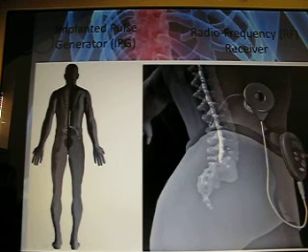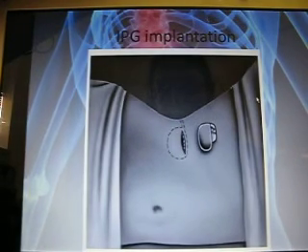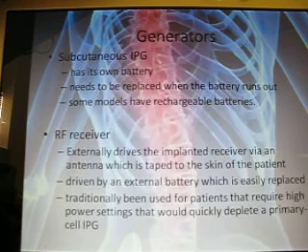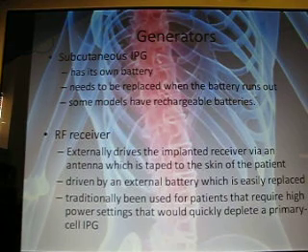The radio frequency receiver is just a receiver that is implanted inside of the body, but the transmitter, which provides the electrical signals as well as the power for this radio frequency receiver, is just outside of the body.